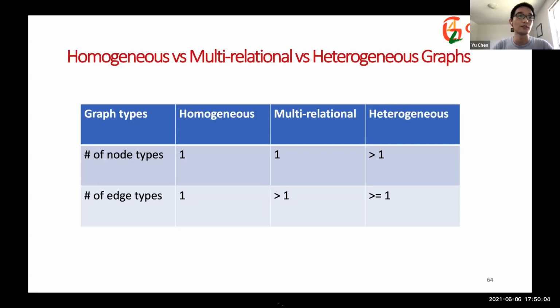As for multi-relational graphs, we only have a single node type, but we can have multiple edge types. And a heterogeneous graph has multiple node types, but there is no restriction on the number of edge types. In general, any graph can be grouped into one of these three categories.